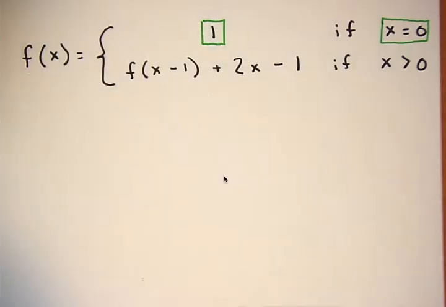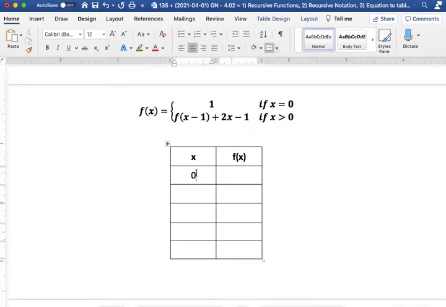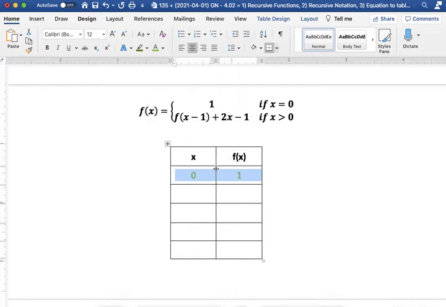So let's mark that into our table. So I just made a table with this exact same equation. So when x equals 0, y is equal to 1. All right, and that was the green one we were just looking at.